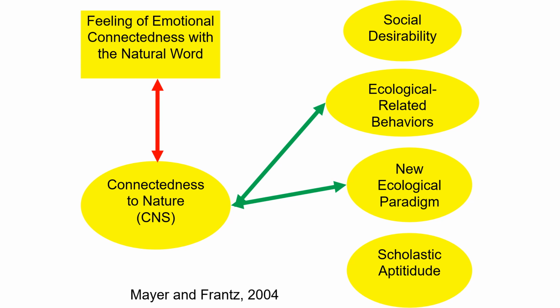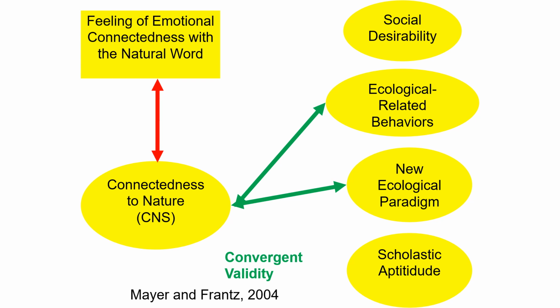That is, people who score high on the connectedness to nature measure should also score high on my new ecological paradigm score. Because if you're connected to nature, you should feel strongly about preserving the environment. And so we would call that convergent validity.